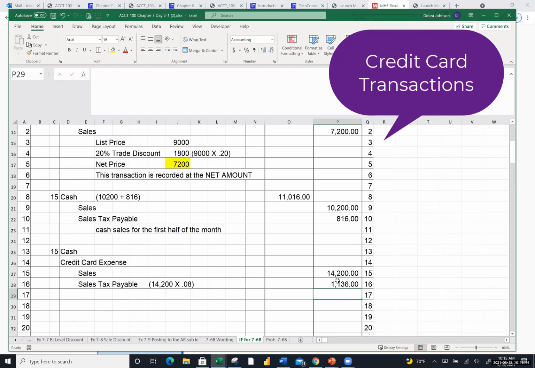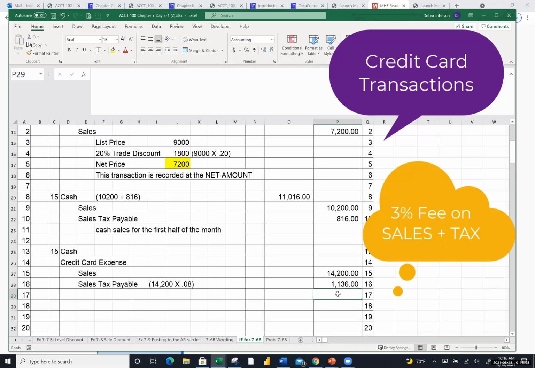And then here's where the tricky part comes in. Part of that the bank keeps, and part of it is left for you. That's what the debit to cash is. Now, the trick is that 3% credit card fee is on the whole thing. So I'm going to come up here to credit card fee expense, and I'm going to write down how to compute that.